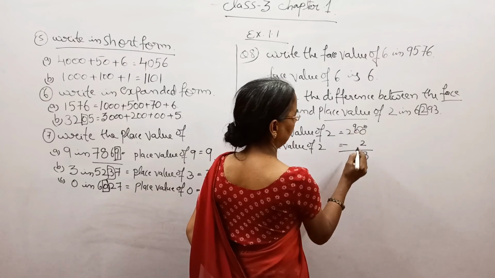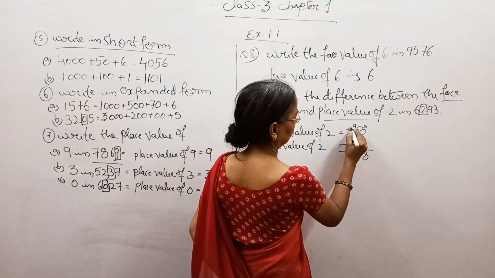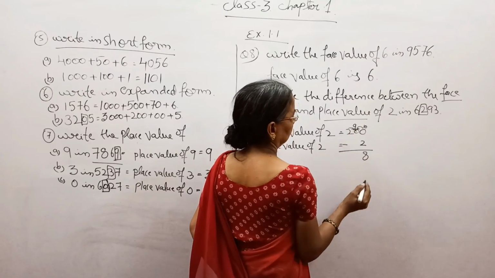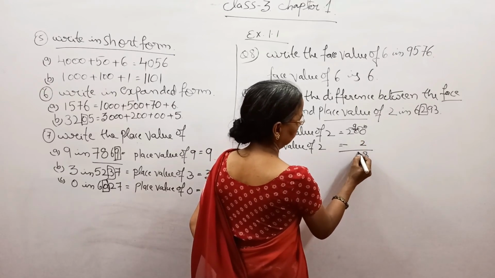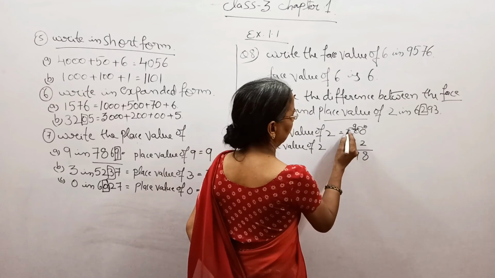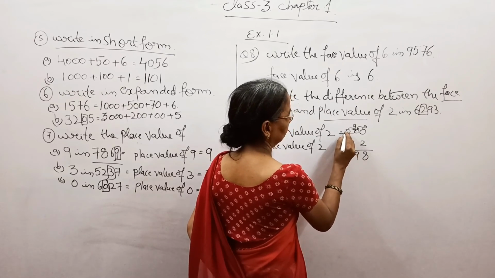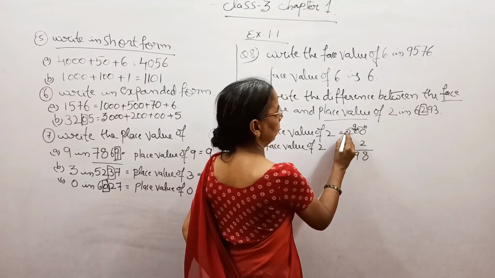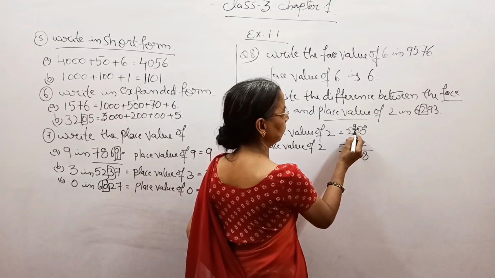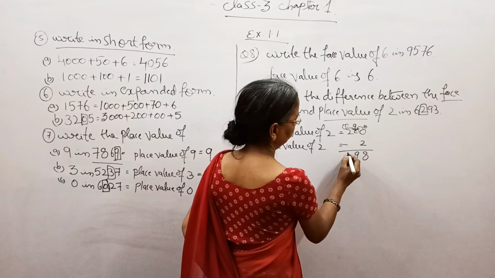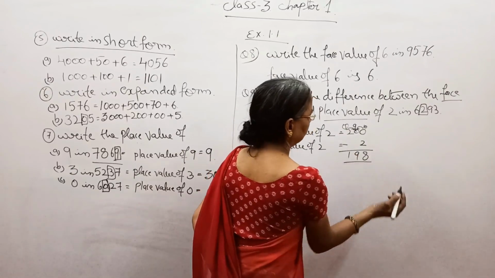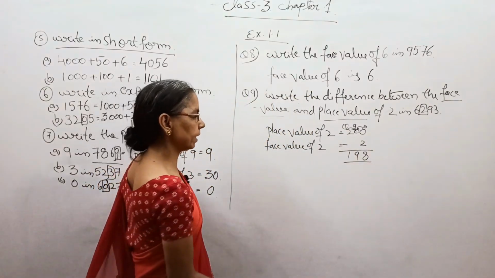Here we get 9. There is no number below the 9, then we simply write the 9, and here we get 1 because 1 is already borrowed from 2 to 0. That's why here 1 is left. We have to write it 1. The difference is 198.